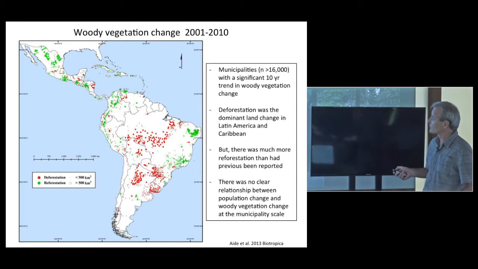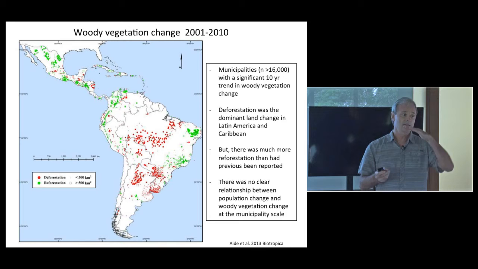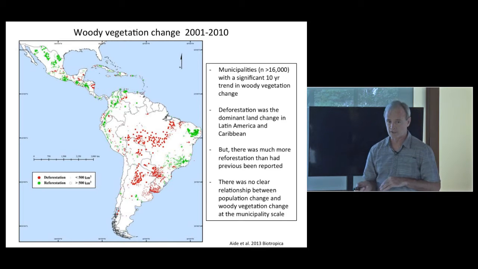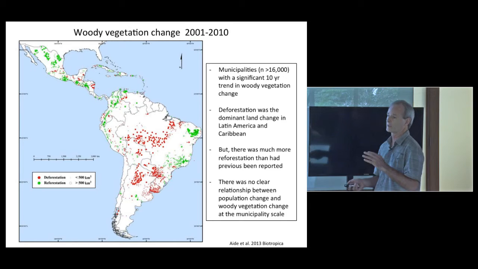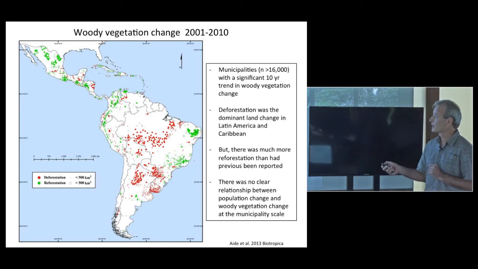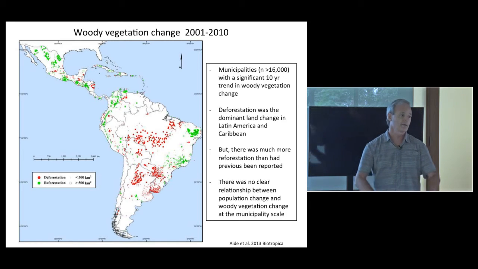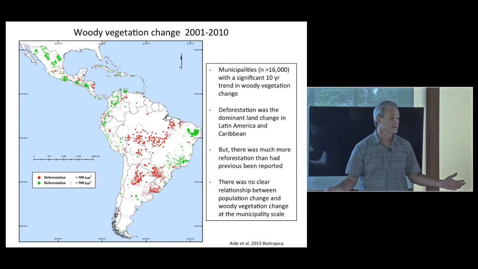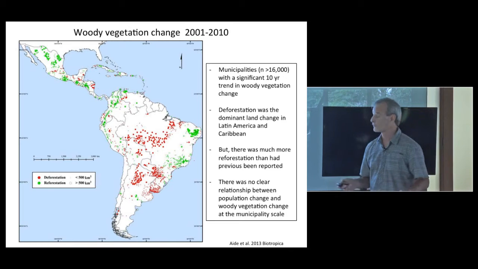The red dots are municipalities that had a significant 10-year trend in deforestation, and the green dots were a significant 10-year trend in reforestation. We're showing about 2,500 municipalities. The other 14,000 municipalities did not have a significant trend in one direction or the other.